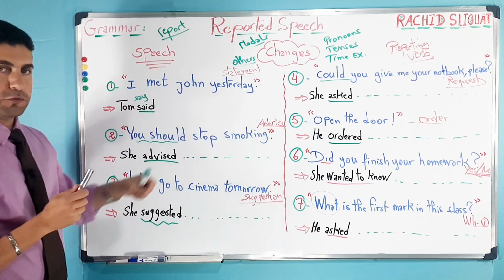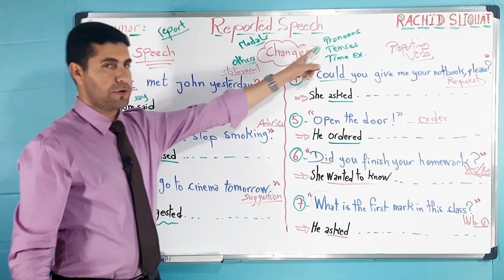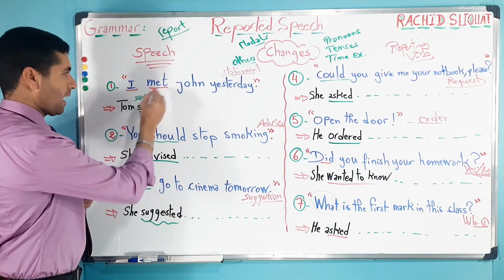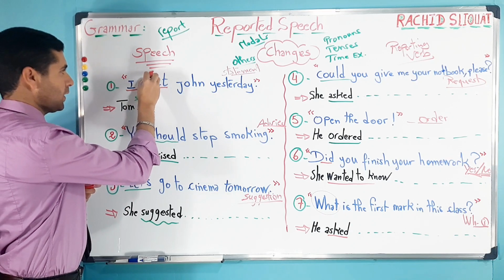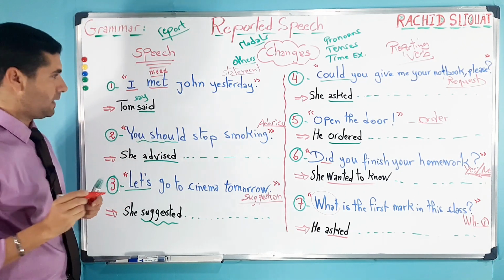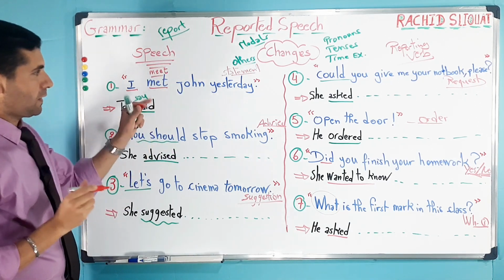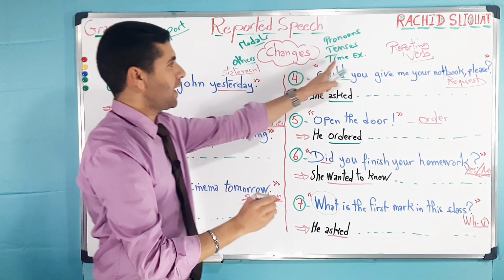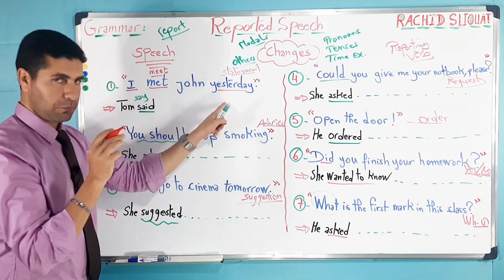So here what we are going to change is I, a pronoun, and met, the past of meet, and yesterday, a time expression. So we are going to change 3 things.